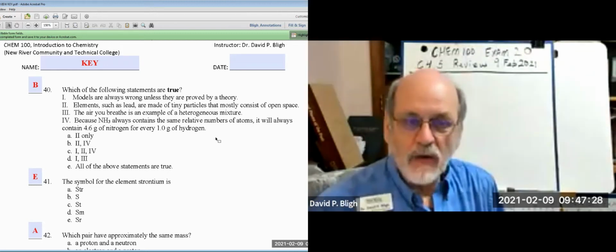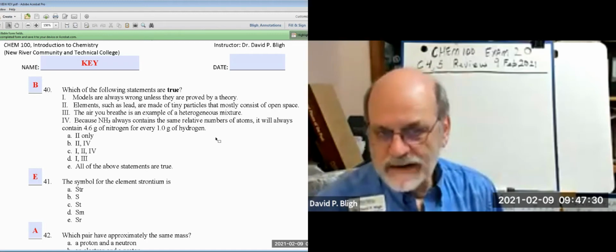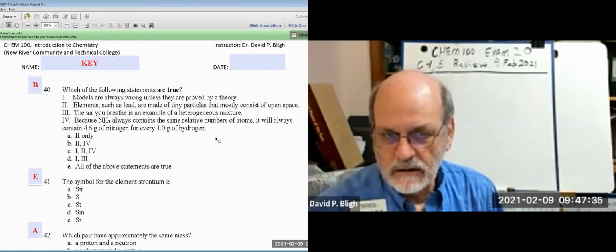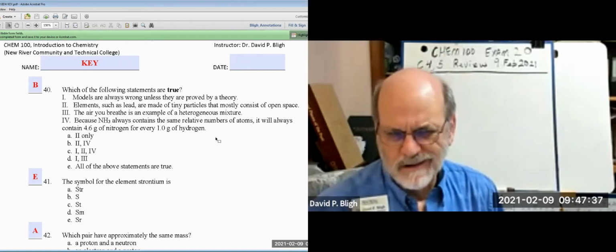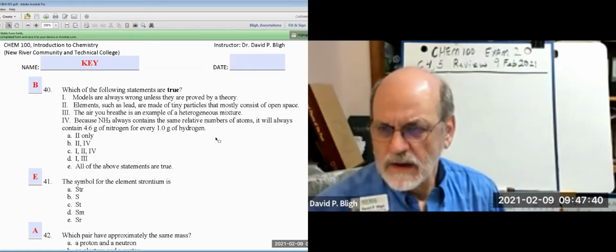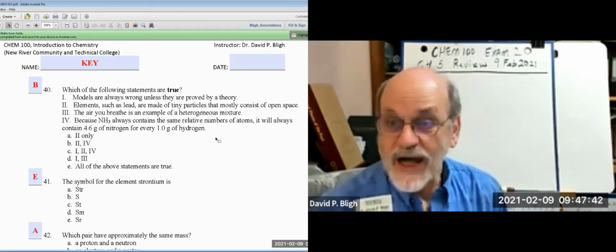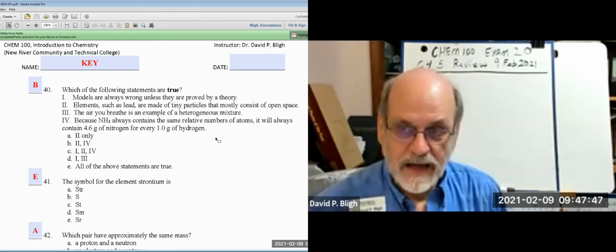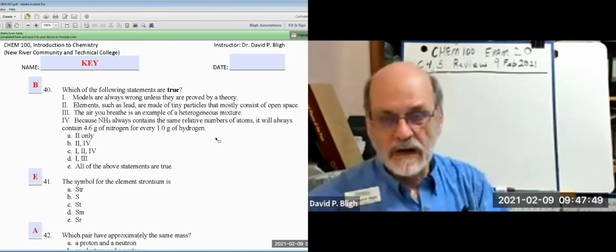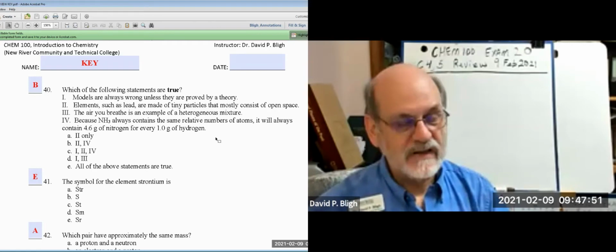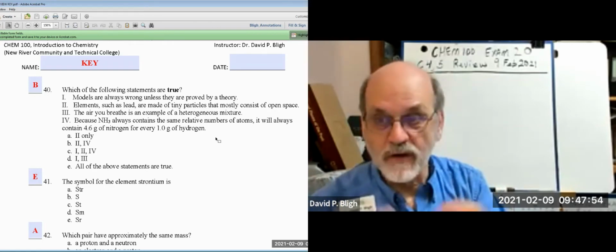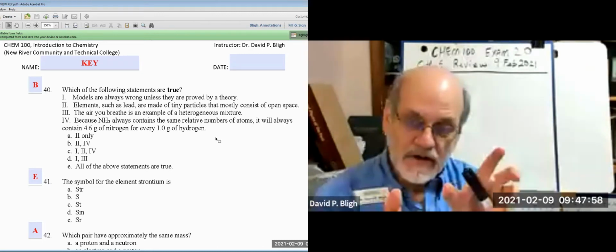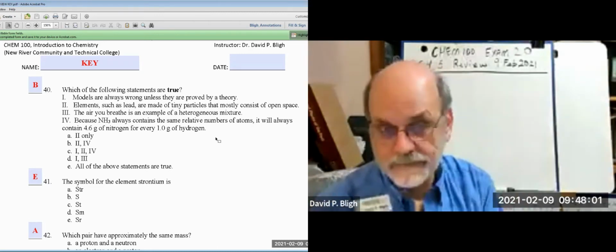Okay, Roman numeral 1. Models are always wrong unless they are proved by a theory. No. Models are derived from a theory. You establish the theory, and then to expand it or expound upon it, you create the model based upon the precepts of the theory.